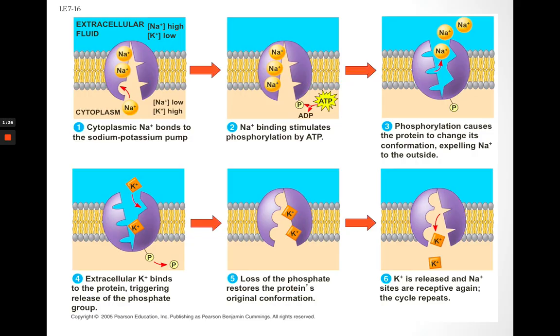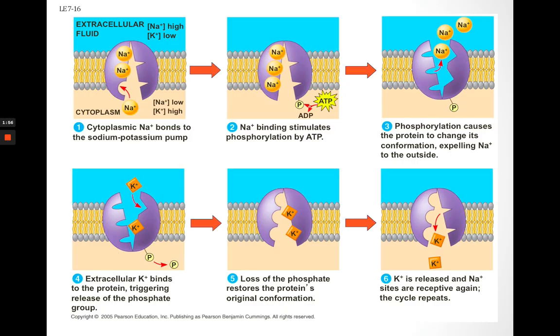We need to recognize what's happening in the sodium-potassium pump to be able to understand active transport. So this pump is very efficient. It moves both sodium and potassium. Okay, so again, enzymes are substrate specific.